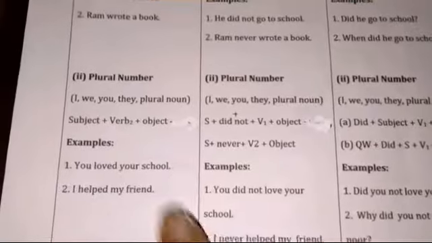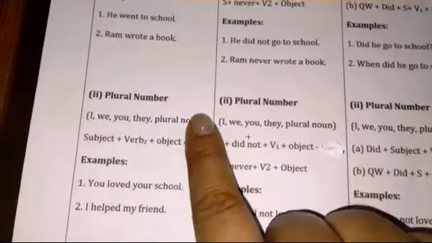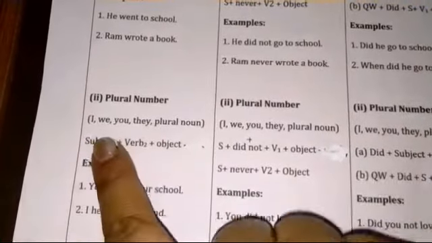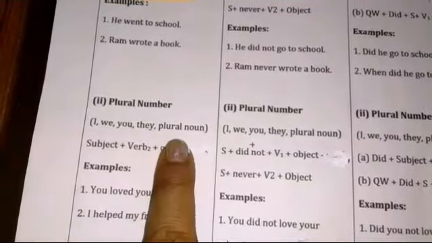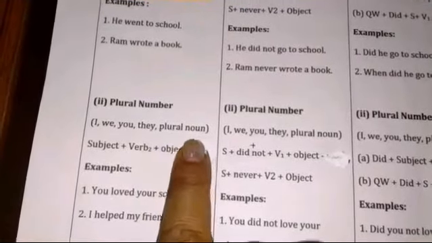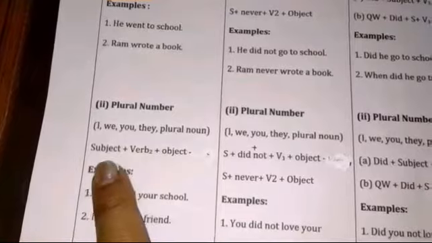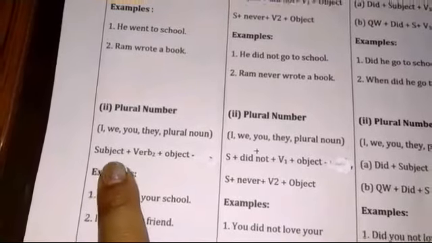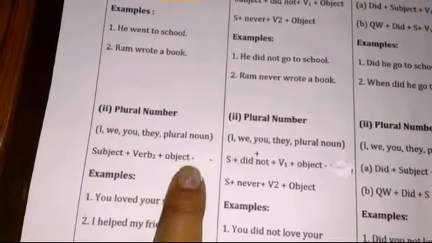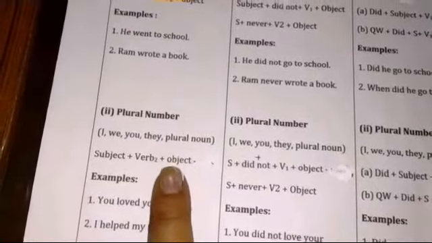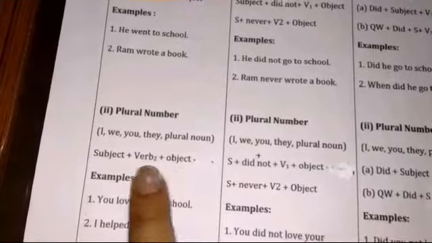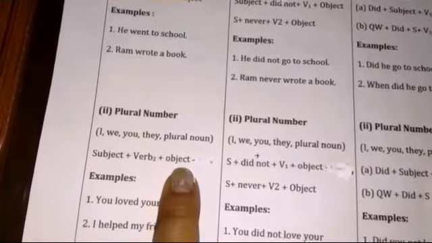These are plural number. Affirmative sentence first. I, we, you, they, plural noun, and we use the formula subject, then V second, then object. The same formula as singular number is in the plural number.